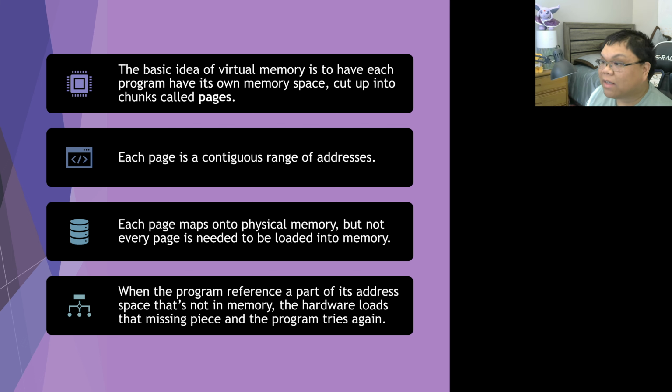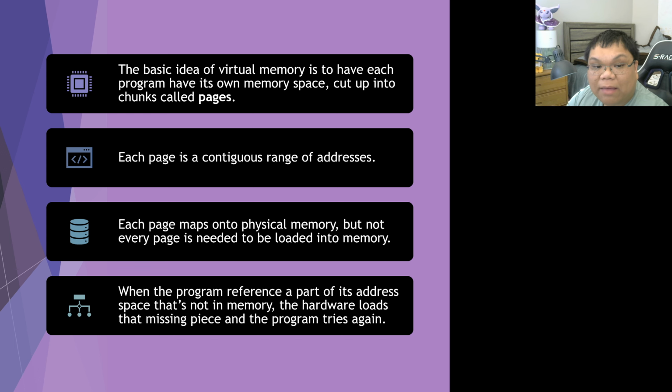Those are called pages. Each page is a contiguous range of addresses. Also, all pages are the same size. So every program has its own memory space cut up into pieces.